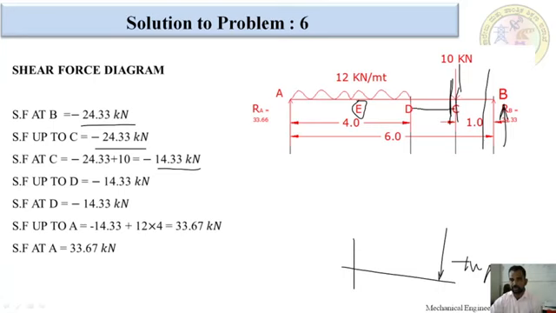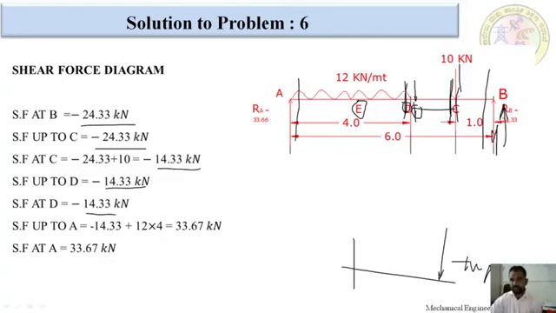Up to C point we are having the same load, up to here only C. We are having up to this point the same load, that is negative 14.33 kilonewton. After that, at D point also the same load, because there is no load here, only one upward force and one downward force. At D point also we will get the same value, that is negative 14.33 kilonewton. After that, up to A point, how much will we get?